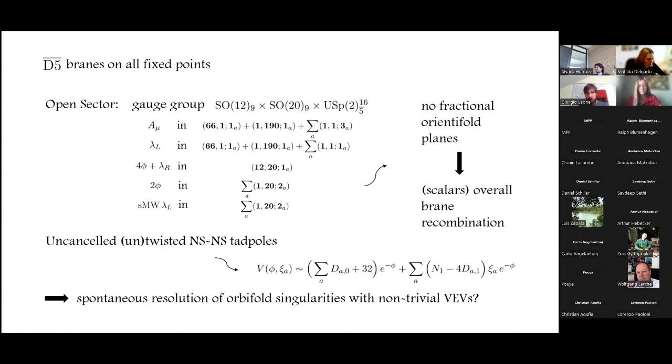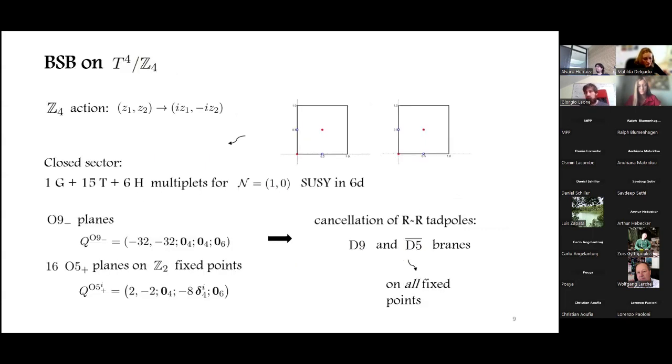So this was the situation for the Z2 orbifold. When moving to the Z4, discussing the Orientifold of the T4 over Z4 orbifold, we see that the situation changes quite dramatically.